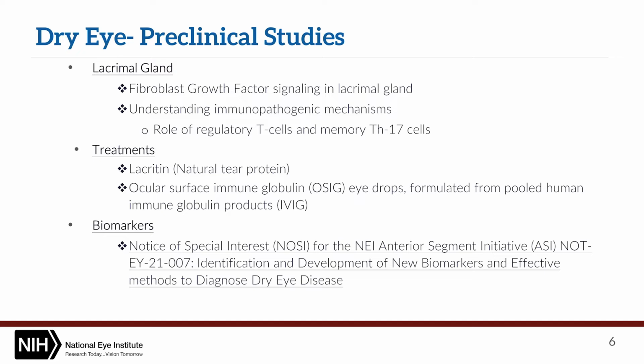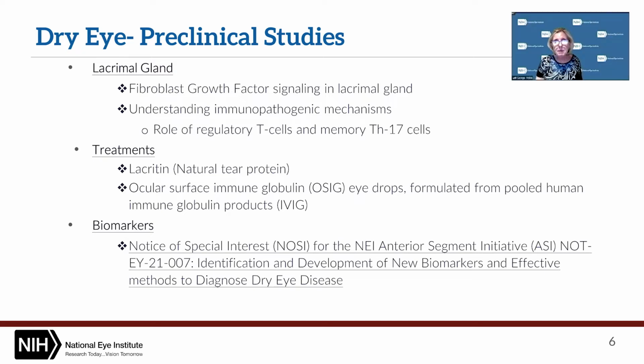Slide, Dry Eye, Preclinical Studies. I separated out the dry eye preclinical studies simply because I think dry eye is an important part of the portfolio. In dry eye, we have applications focused on the lacrimal gland, for instance, hedgehog growth factor signaling in the lacrimal gland, and understanding immunopathogenic mechanisms, like the role of regulatory T cells and memory Th17 cells in the aging population who develop dry eye.